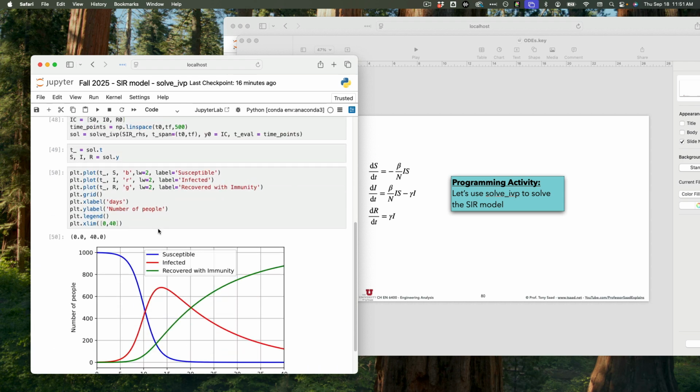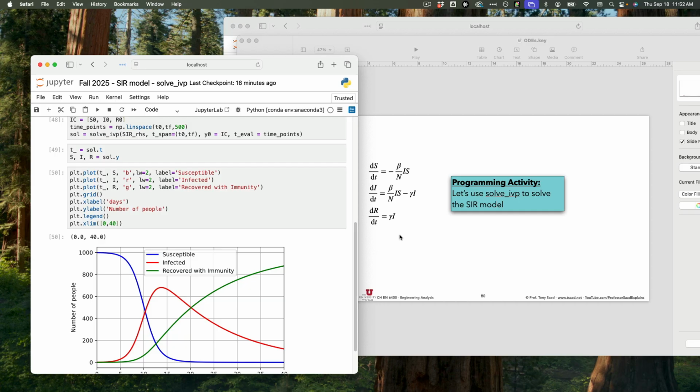Now, what happens when gamma is small or large? Again, every time you're thinking about a system, take the extremes. What happens when the parameter is very small? What happens when the parameter is very large? I said that gamma is related to the recovery rate. If you look here at minus gamma I, this is pulling people from infected into recovered.